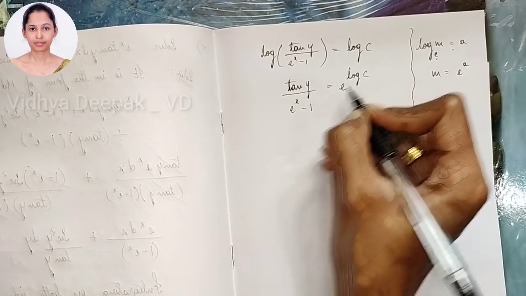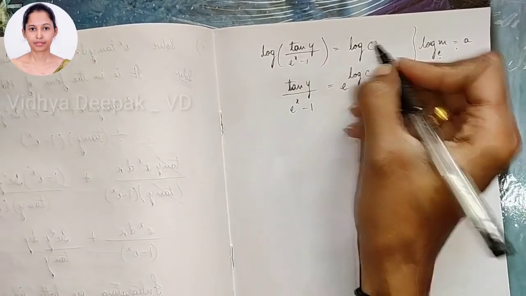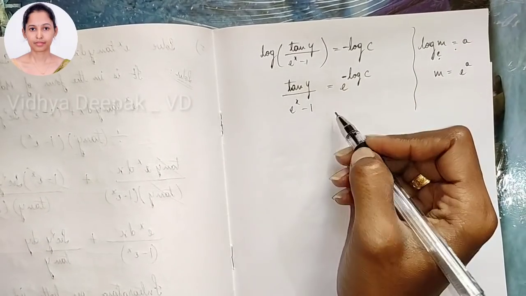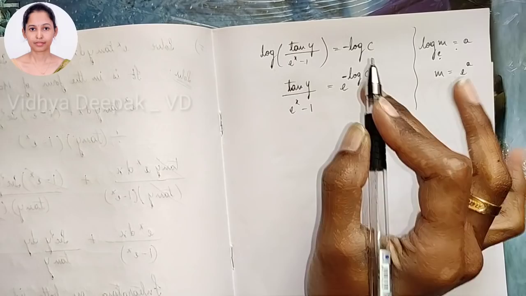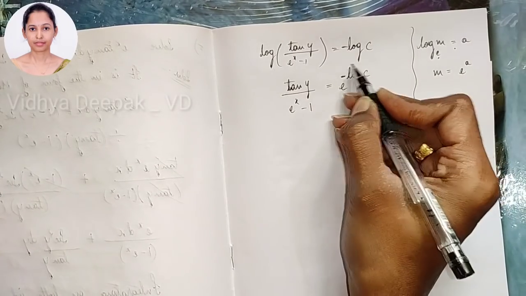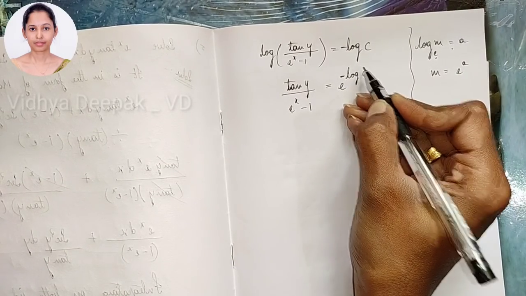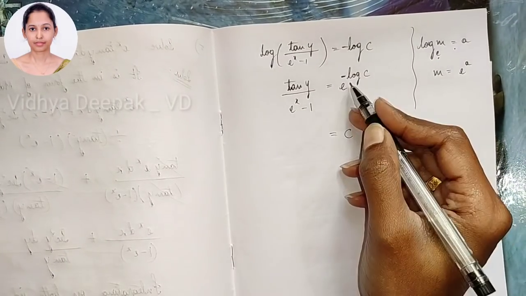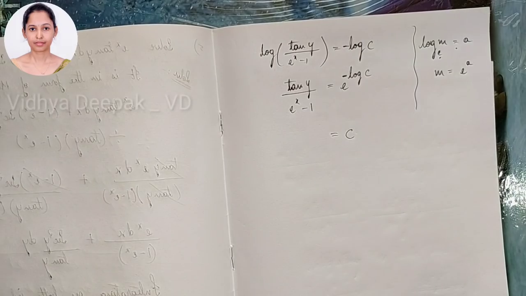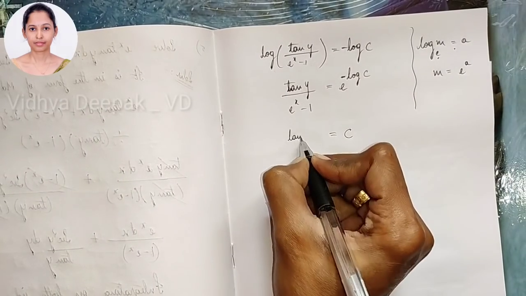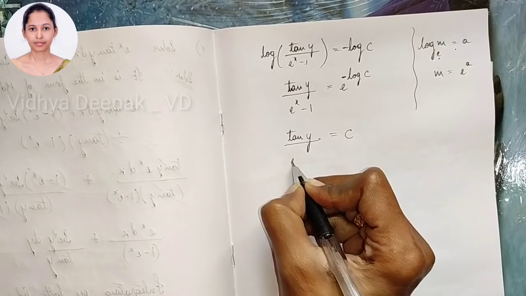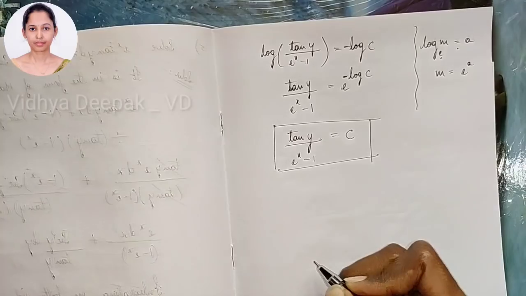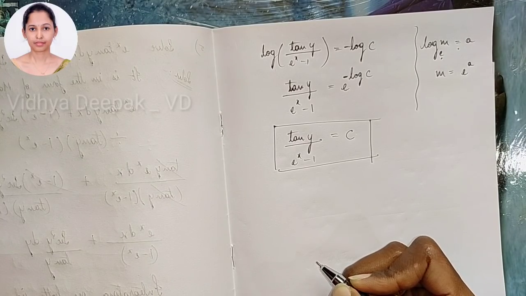We had a minus here, sorry, I missed it, so I'll keep this minus as it is. Here this is also a constant, and I'm replacing this constant by c. All are integration constants, so that doesn't make any difference. So our required solution is tan y divided by e to the power of x minus 1 is equal to c.